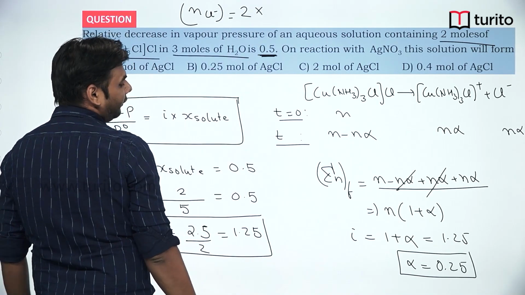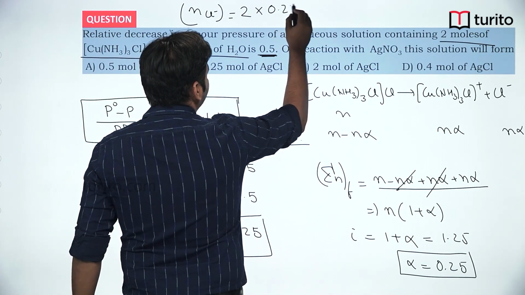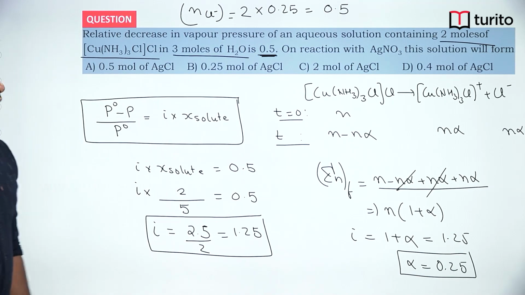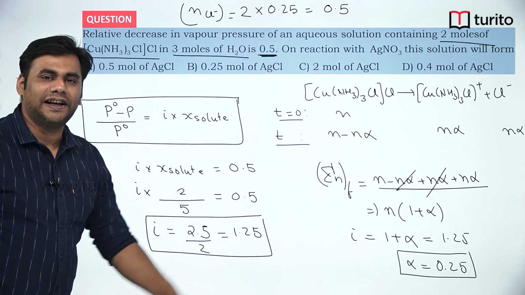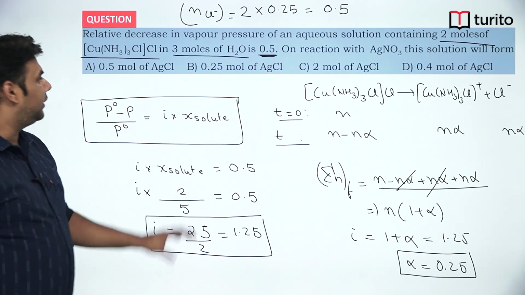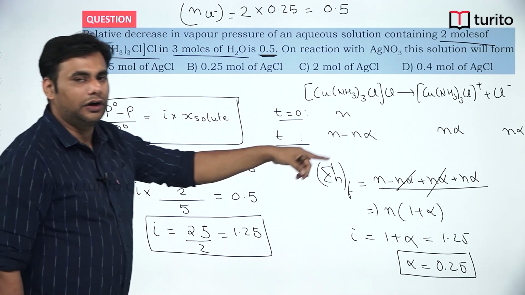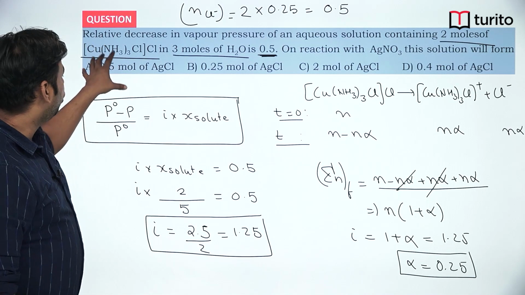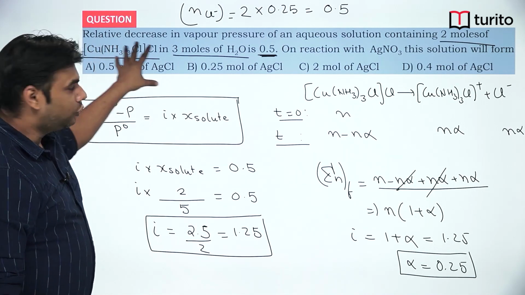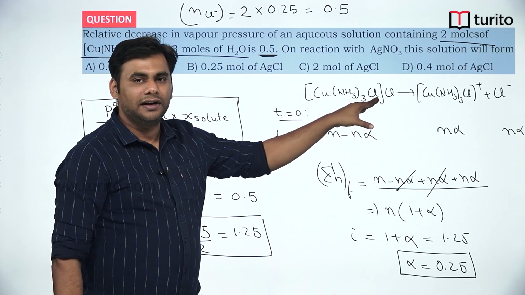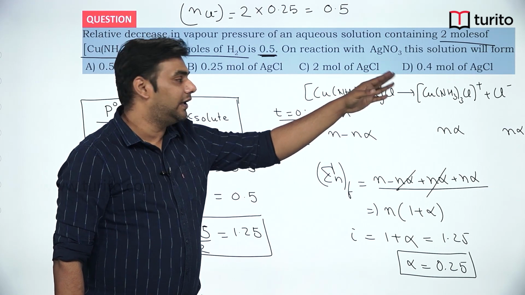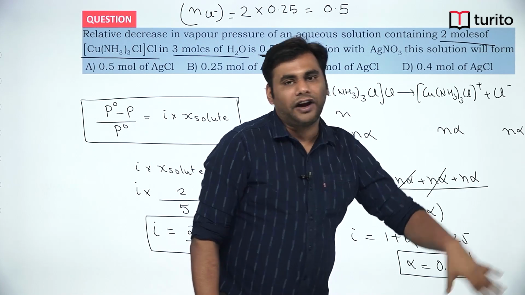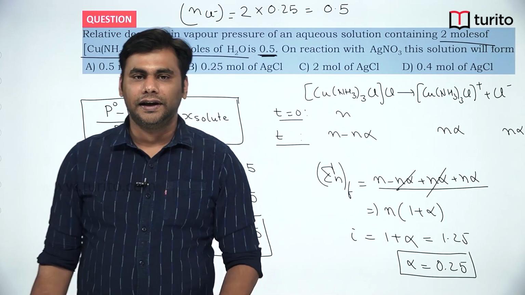Now the value of alpha is 0.25, so this would be 0.5. So the number of moles of Cl negative present in the solution when 2 moles of [Cu(NH3)3Cl]Cl is dissolved in water is 0.5.